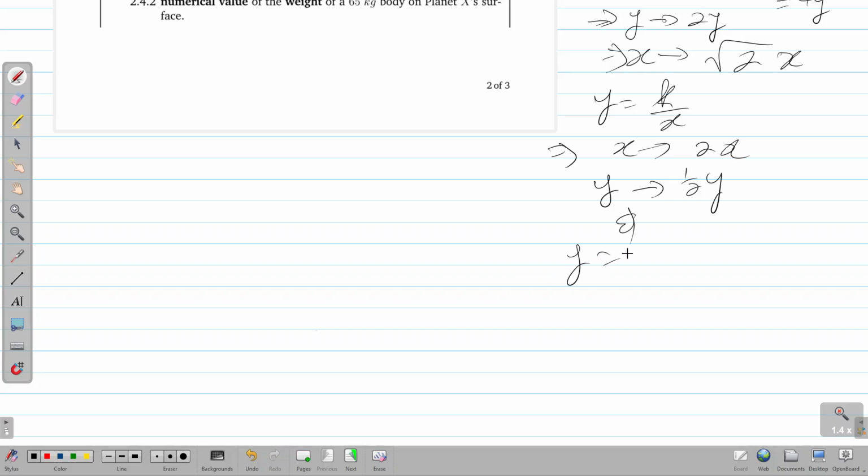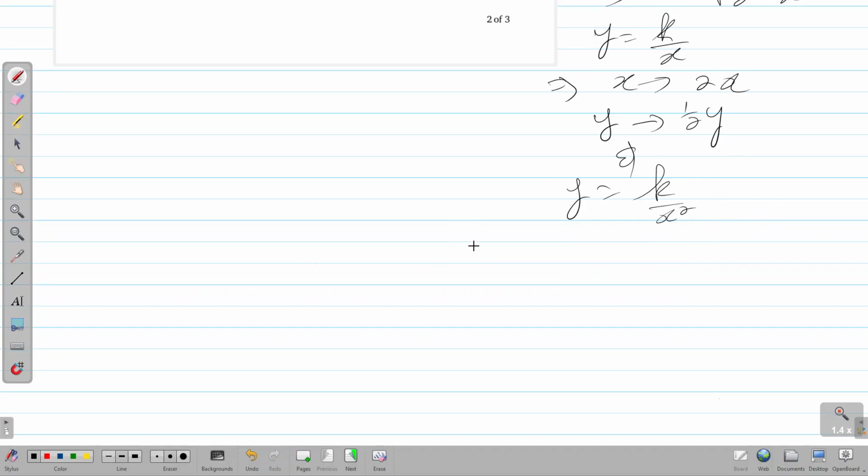And in the case where y is k over x squared, where y is inversely proportional to the square, if I were to triple x, let's say I change x to 3 times x, then how will this affect y? Then y would reduce by the square of the inverse of the change in x.